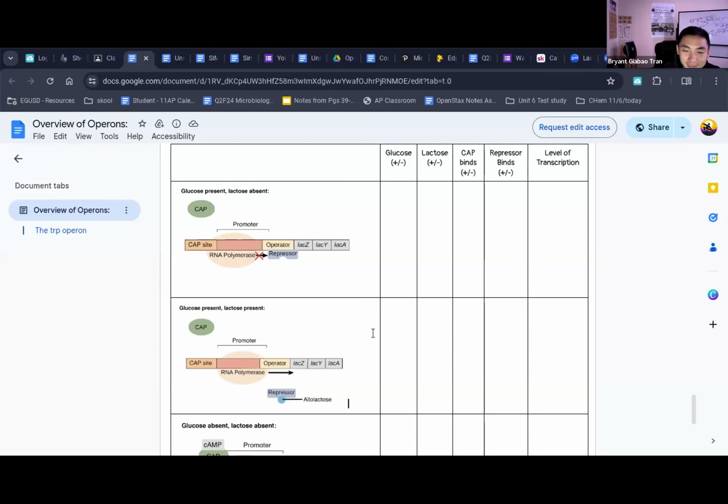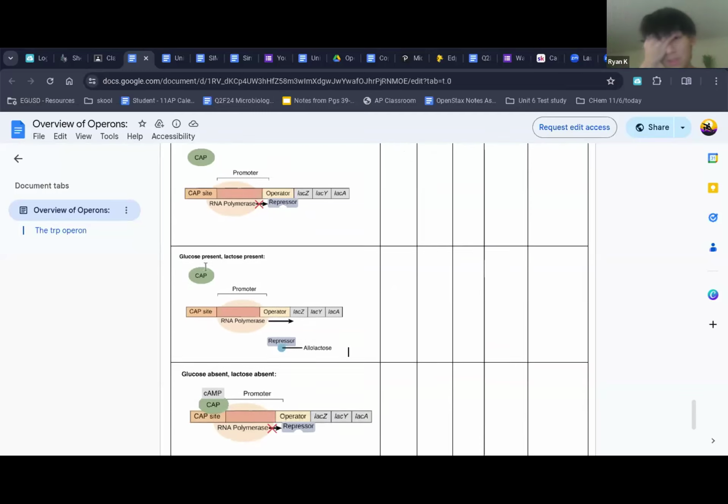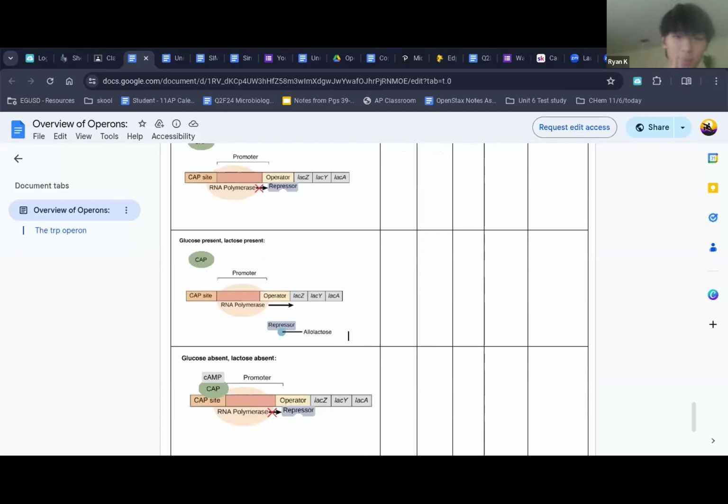Right. Yeah. Mm-hmm. This is for us, I think. I'm not sure if this would apply to humans, but let's see. Glucose is present but lactose is absent. So basically we can see that the CAP is not attached to the site, and the RNA polymerase has no repressor, so it's free to go.